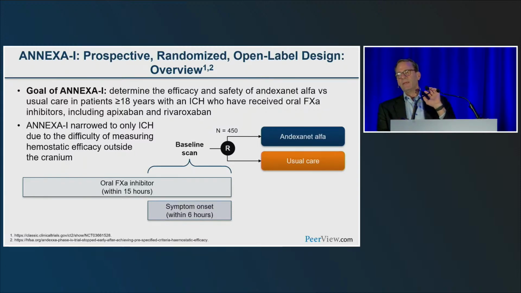So the idea is, at least we can be more certain that we're actually measuring an effect in the head as opposed to trying to measure things like hemoglobin drops in GI bleeds, which are dependent on co-infusions of saline because hemoglobin's a concentration. It's fuzzy outside the head. It's a little bit fuzzy in the head, but it's really fuzzy to measure hemostatic efficacy outside the head. Thus, an ICH trial to better measure the effect of the drug.